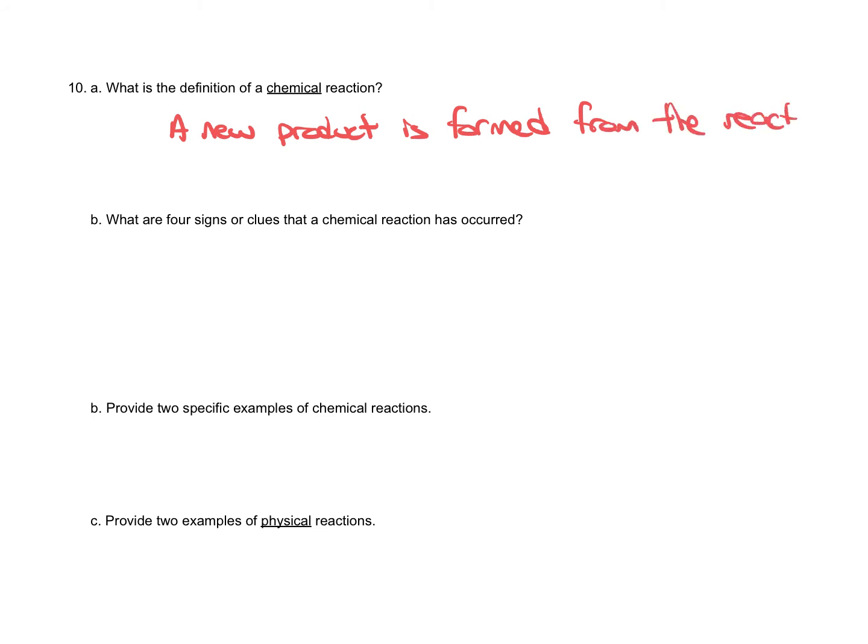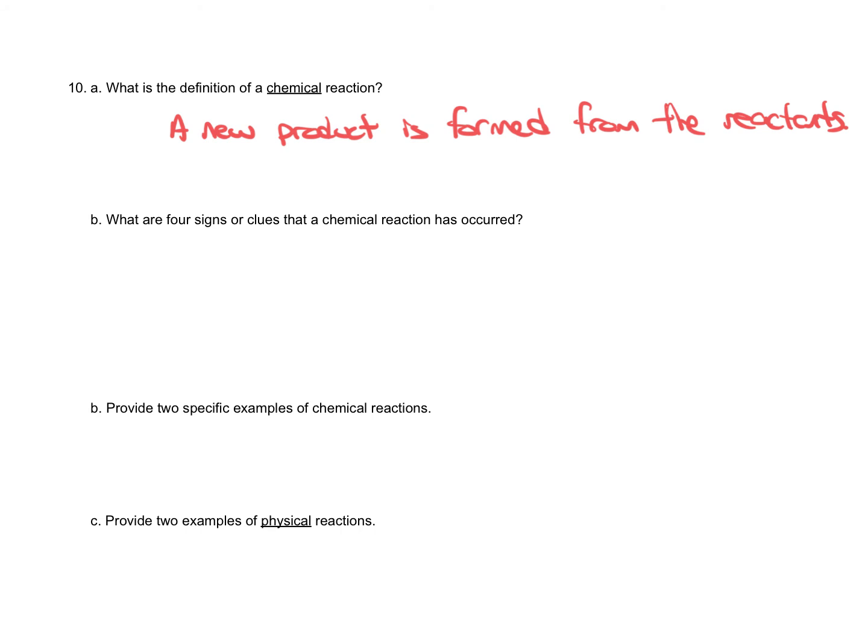So the reactants are what you put together, and the products are what you see afterwards. And if something new, a totally different compound or a different element results, then we have a chemical reaction.